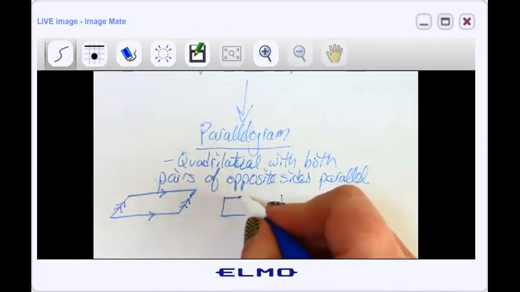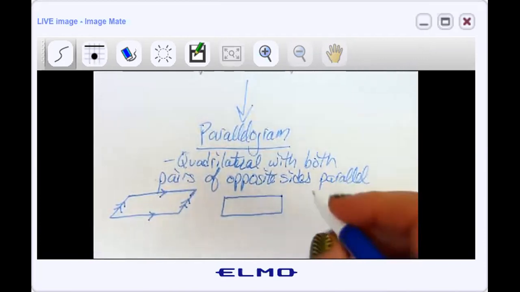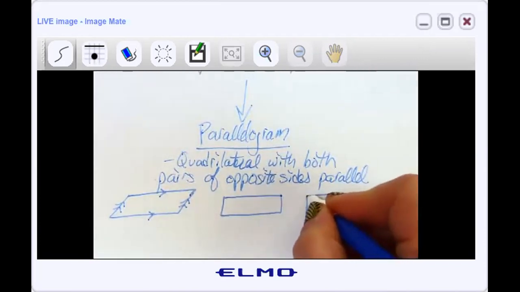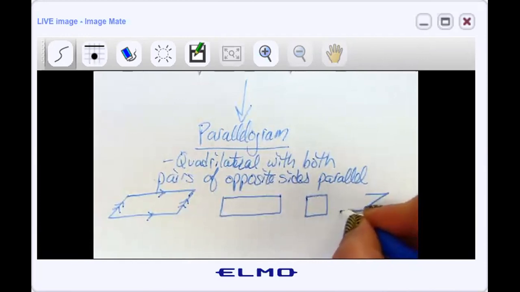Because the top and bottom would be parallel, and so would the sides. So rectangles count. A square would count too, wouldn't it? Because it still has 4 sides and top and bottom, and the sides are parallel. Even shaped like this.